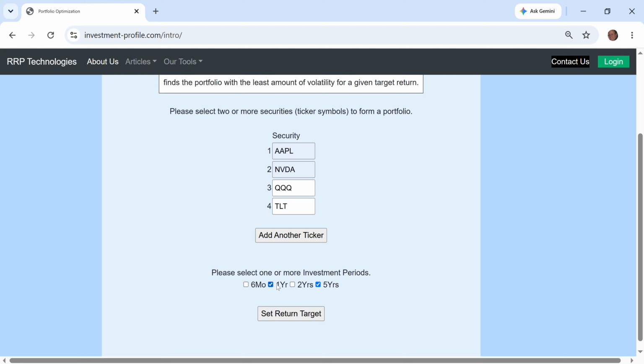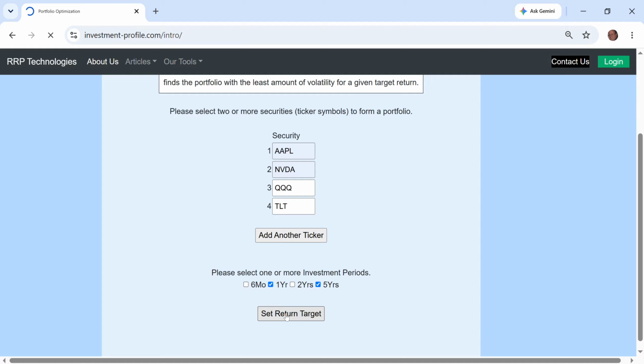But the assumption here for this portfolio is that you would hold it for 1 year, and for this portfolio, you would be holding it for 5 years. All right, I'm going to just move on to the next page.